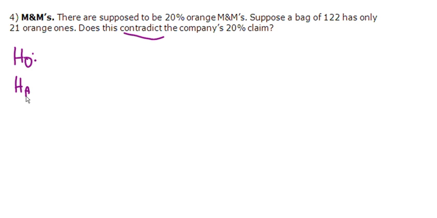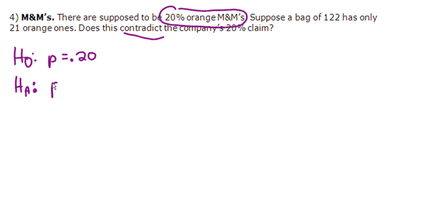So you look for the population proportion. Since there's supposed to be 20% orange M&Ms, that's my population. So my null hypothesis is p equals 0.2. Now, even though this says suppose a bag has only this many, it doesn't state that we're looking to see if there's less than the 20% or more than the 20%.